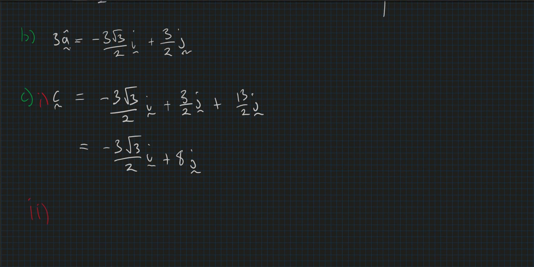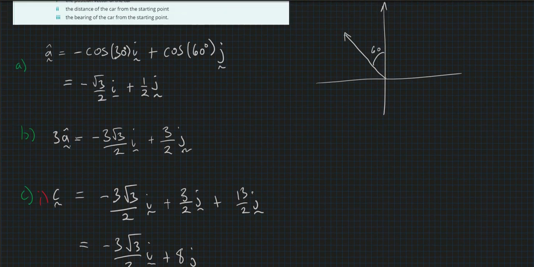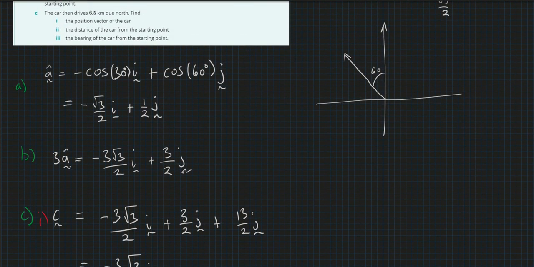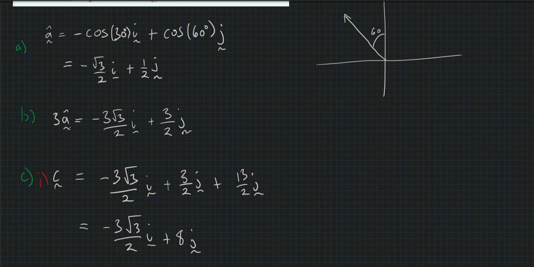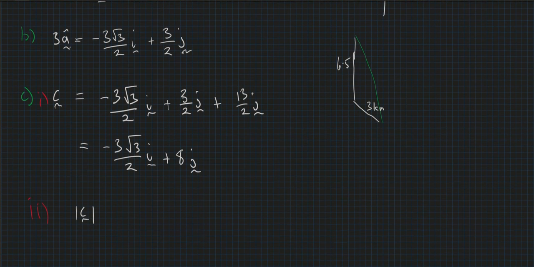So what we're going to look at is the magnitude of C. Okay, so C is moving along 3 kilometers plus another 6.5, and now what is this vector? That's what we're looking at. All right, so that's C, I should write over there.